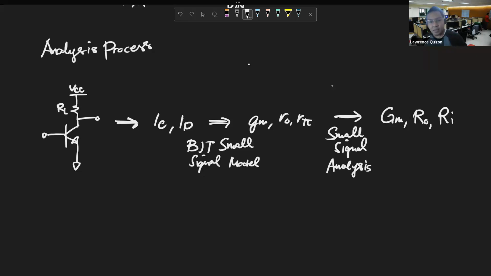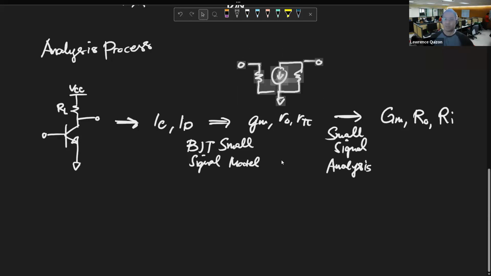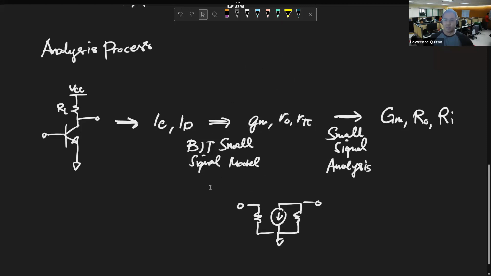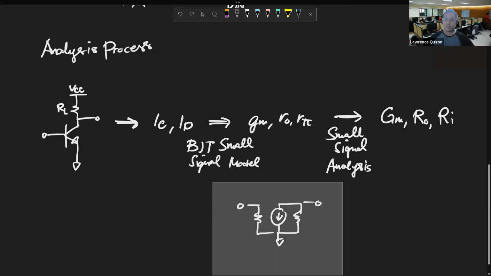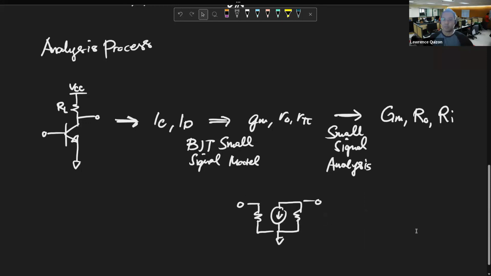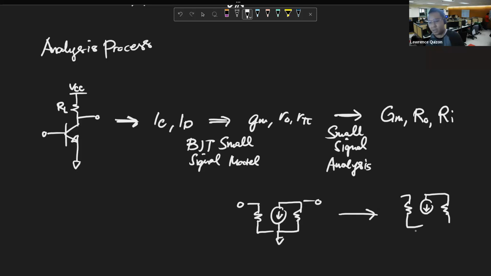No? So itong small signal model na sinasabi natin, that's this thing. We talked about it in the face-to-face class. This is your BJT small signal model. And through a small signal analysis, we can turn this into yet another small signal model, but one of the overall amplifier.